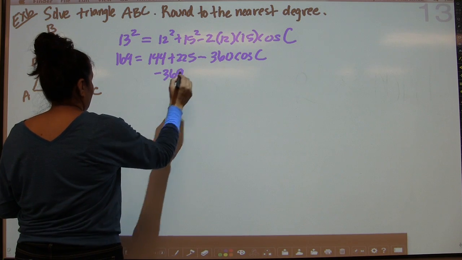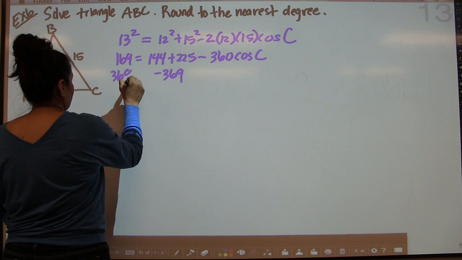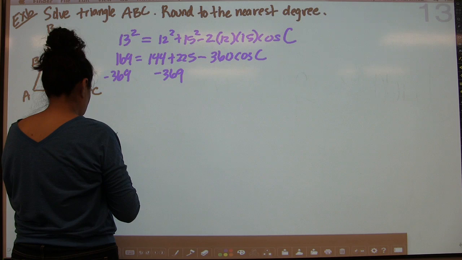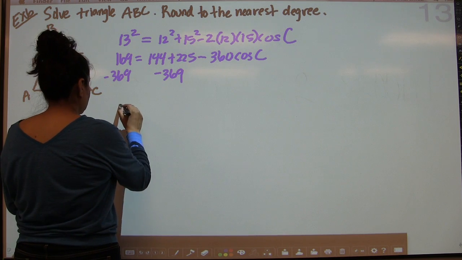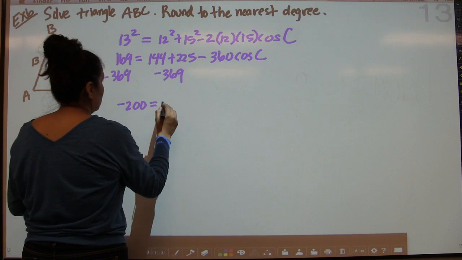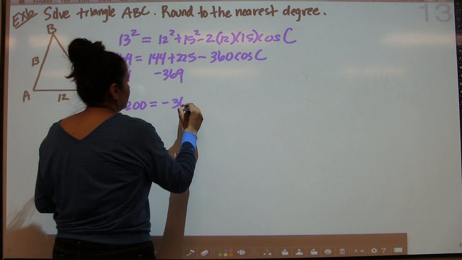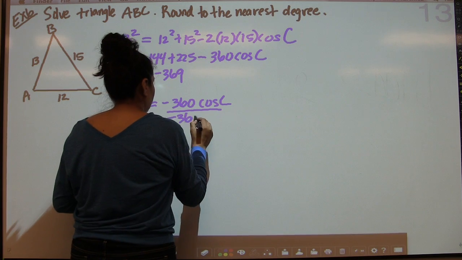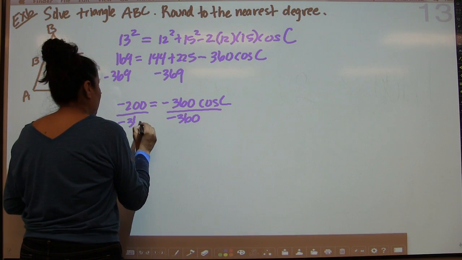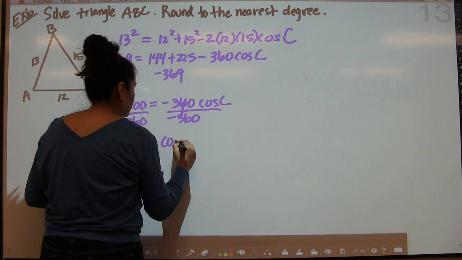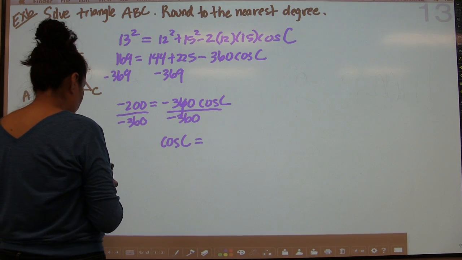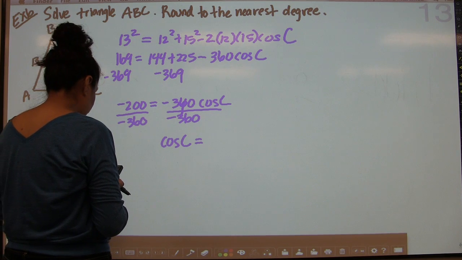So we want to subtract 369 from both sides. That's going to give us negative 200 equal to negative 360 cosine of C. Divide by negative 360 on both sides. We're going to get cosine of C equal to a positive 200 divided by 360, which is 5/9.